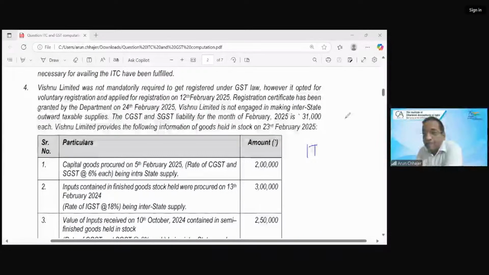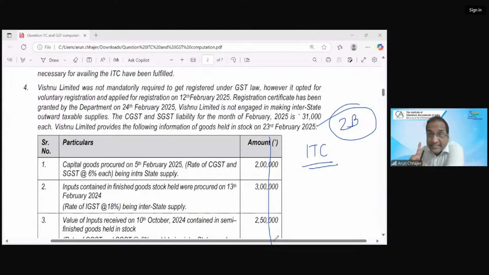Whether GSTR 2B is not the condition for taking the input tax credit for this example.